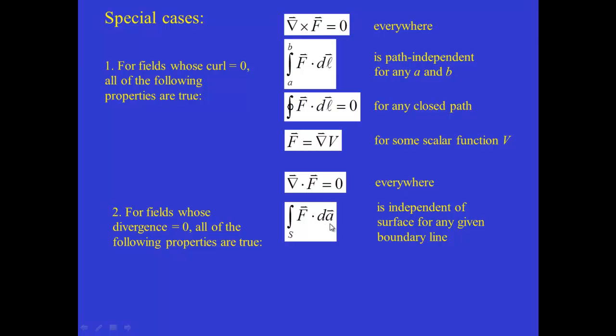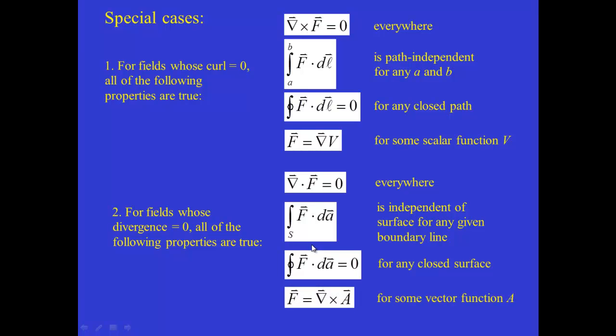So once the boundary line is specified, any surface that is bounded by that line gives you the same result. Therefore, if you do the integral over a closed surface where the boundary line vanishes, you necessarily get 0. And finally, similar to the expression above, F can be written as the curl of some vector function A.